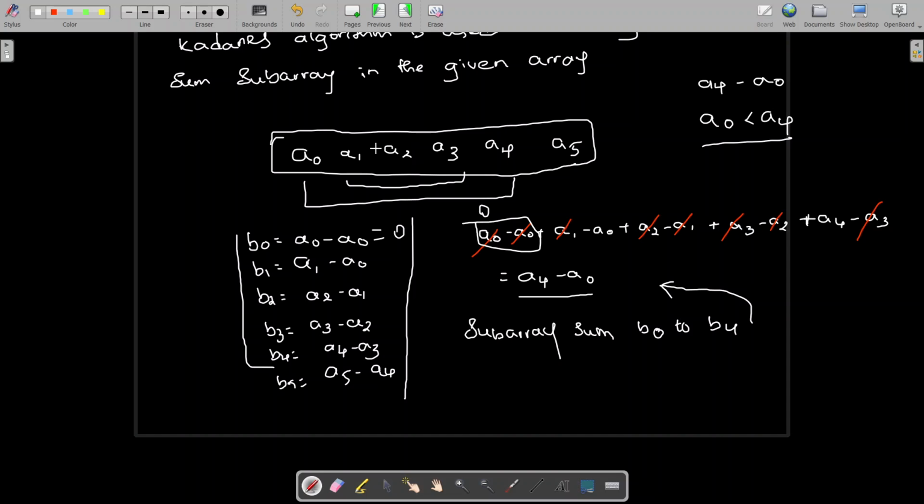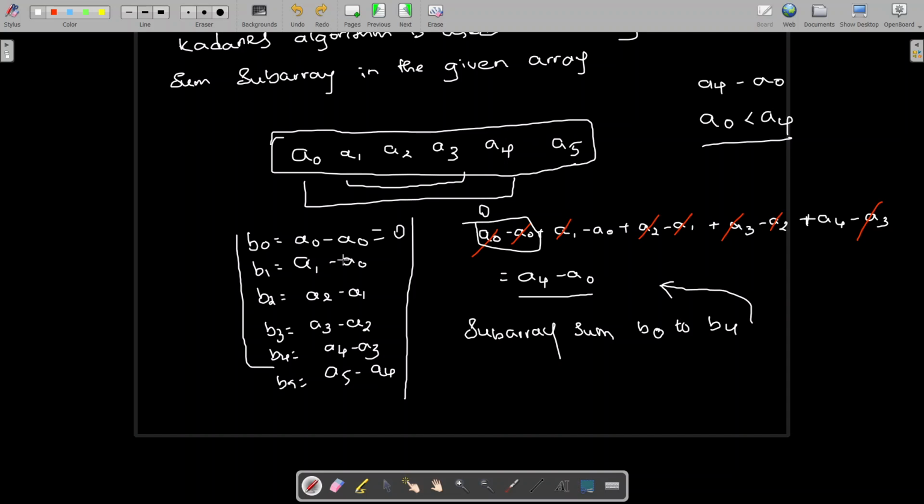In order to get that, what we can do is maintain one separate array, like a b array, which we compute from this array. b0 will be 0, b1 will be a1 minus a0, b2 will be a2 minus a1, b3 will be a3 minus a2, b4 will be a4 minus a3, and b5 will be a5 minus a4.